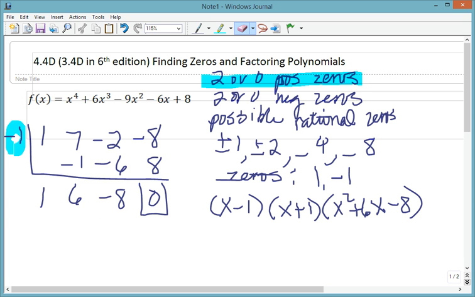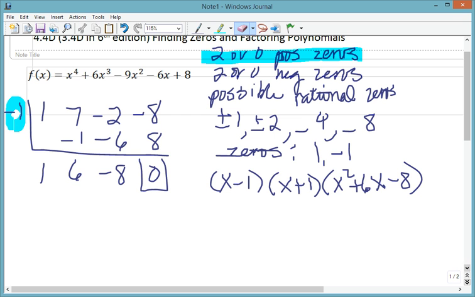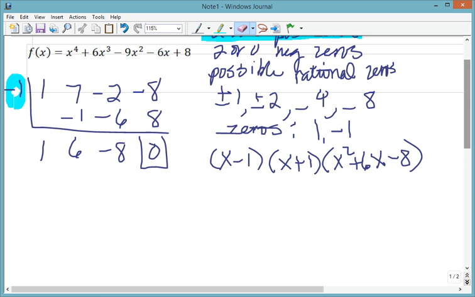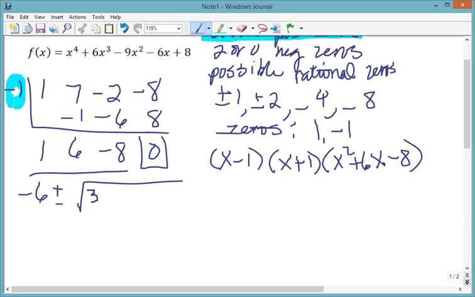Okay, so now what I know is, let me give myself a little bit more room here. What I know is this quadratic, if I solve this for 0, I'd have negative b, so that would be negative 6 plus or minus the square root of b squared, that's 36, minus 4 times a times c over 2a.